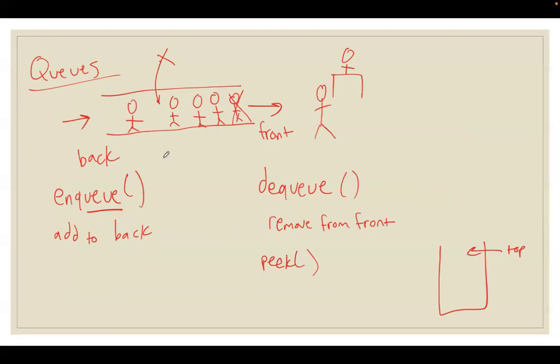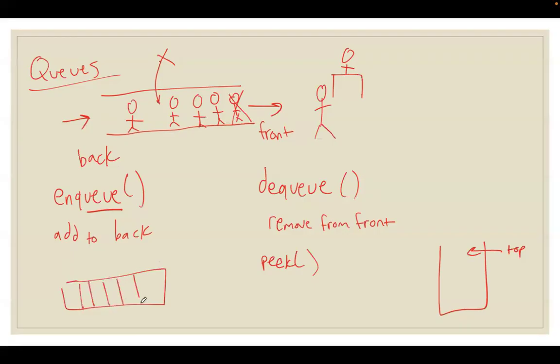So what I would like you to do is in your groups, I've got markers today. I want you to go to the board and draw pictures. We're going to do the same thing. We're going to use an array list.